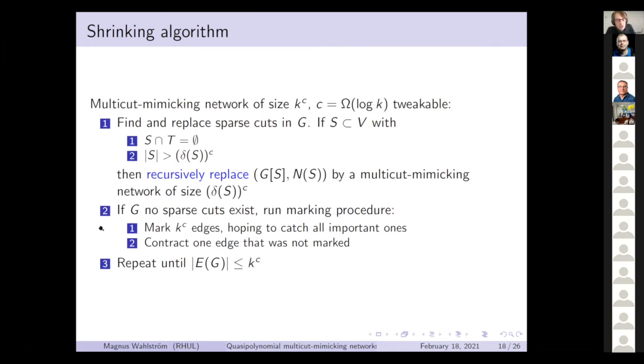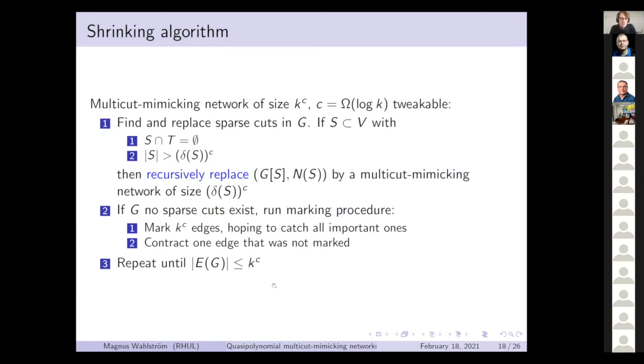Then we have a marking procedure, which is a representative set construction, which marks exactly k to the c edges and catches every edge which is required for some solution. If the graph has more than k to the c edges in total, we just take one edge which was not marked, contract it, and start over from step 1.